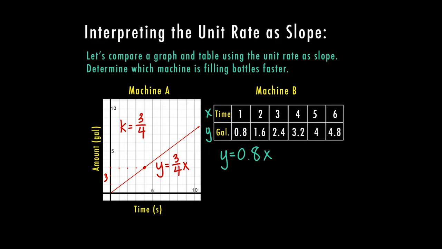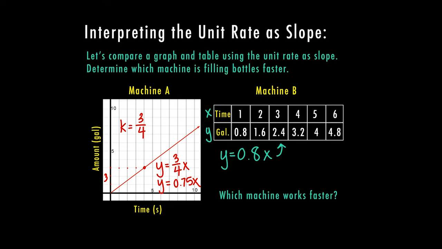So in order to compare these two, I do want to change the one on the graph to a decimal form. So I'm going to change this to say y equals 0.75x.